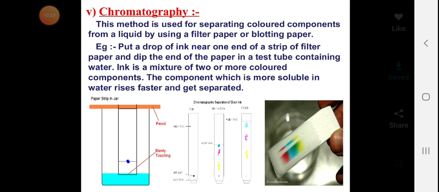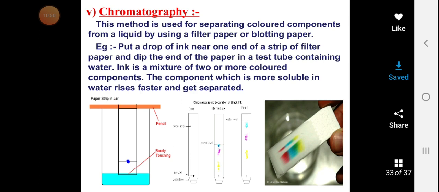This method is used for separating colored components from a liquid using filter paper, or you can say blotting paper. Put a drop of ink near one end of a strip of filter paper and dip the end of the paper in a test tube containing water, or you can use alcohol or a suitable solvent. Ink is a mixture of two or more colored components.